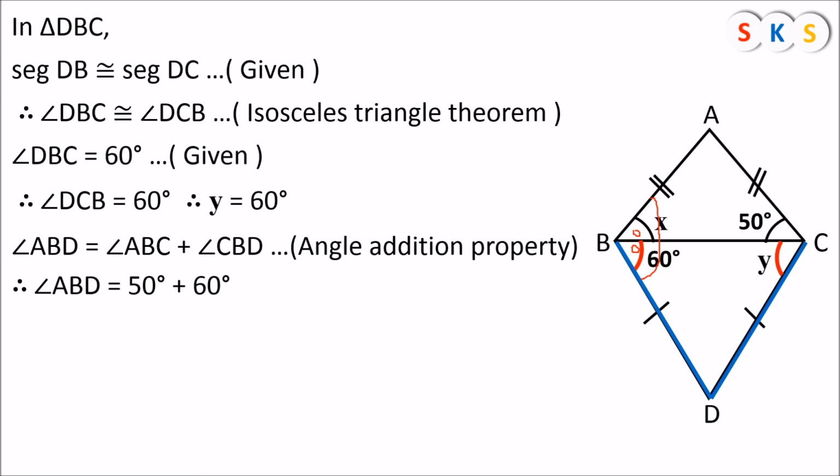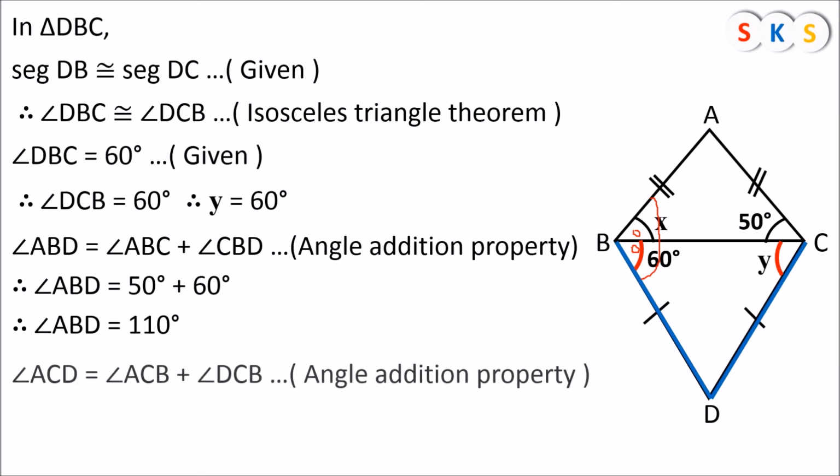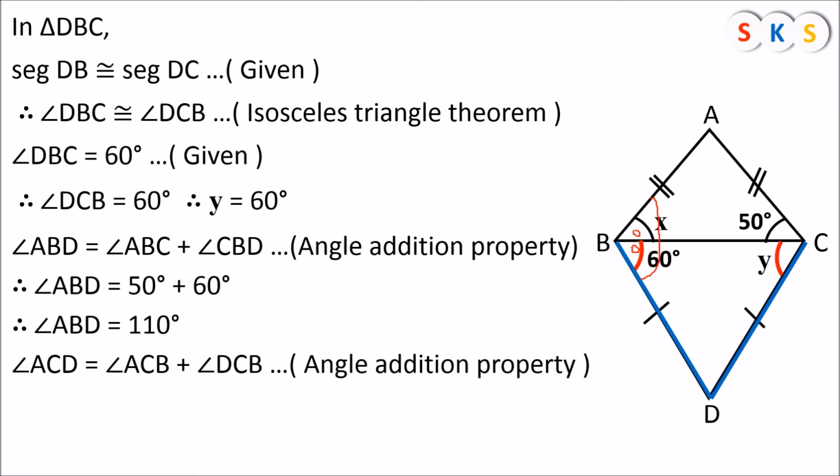Similarly, angle ACD, you can see in this figure, is the sum of two angles. Angle ACD is the sum of angle ACB and angle DCB according to the angle addition property.